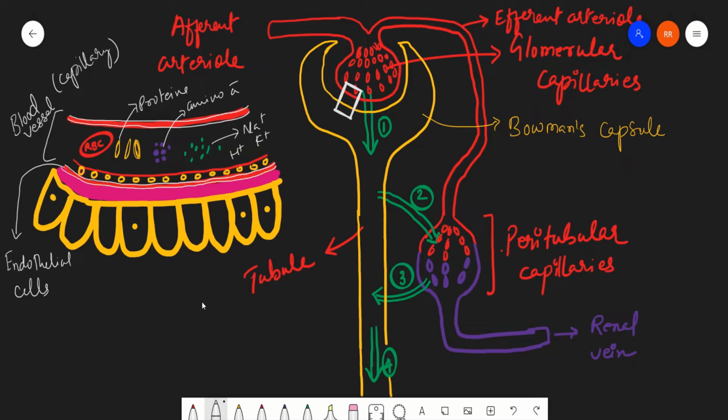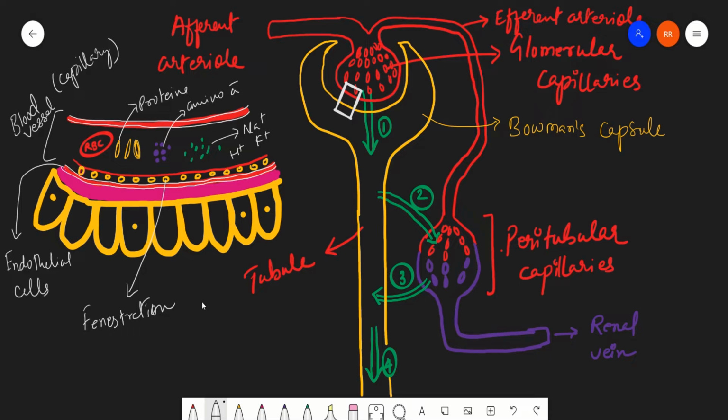And if you remember, we have read about different types of arteries in our blood chapter. This is the type known as fenestrated arteries. So there will be fenestrations. These round openings you can see here are all fenestrations present in the endothelial cells of the blood vessel.